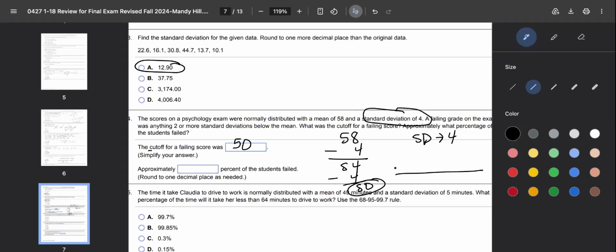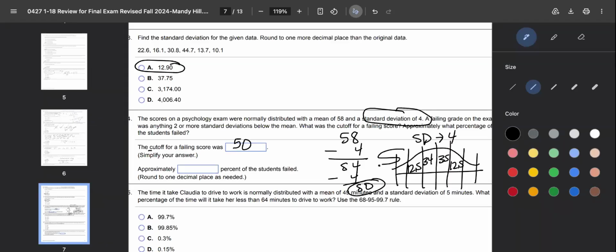I don't know if you guys remember this little chart. When we did this in class, there were 34% in this first standard deviation. When we went out here, there was 13.5 and 13.5 in each one of those. And so we're really talking about this little section out here to the side.